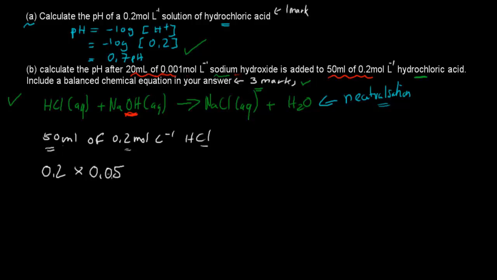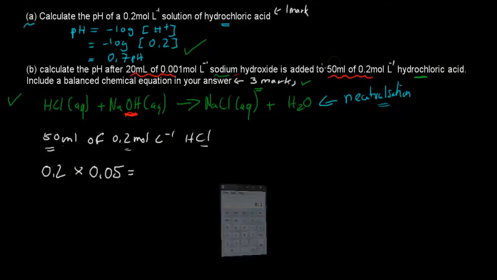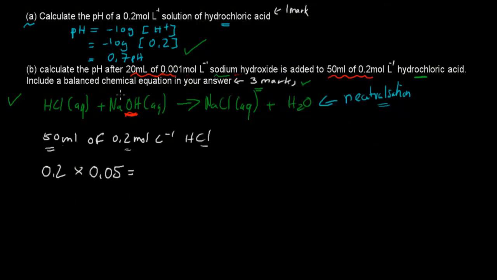That's why we times it by 0.05 to actually get the amount of moles we have. And if we do that in the calculator, 0.2 times 0.05 equals 0.01. So we've got 0.01 moles for this.